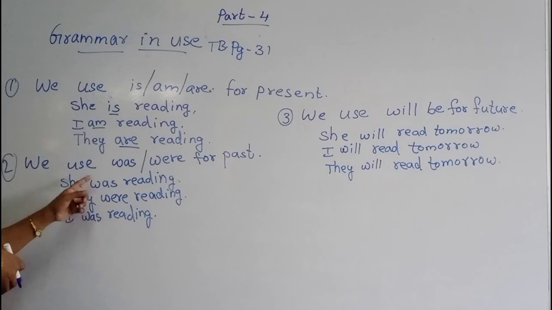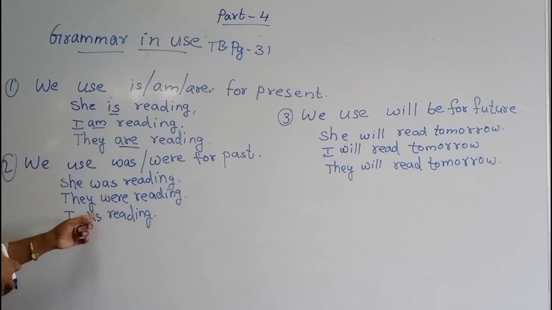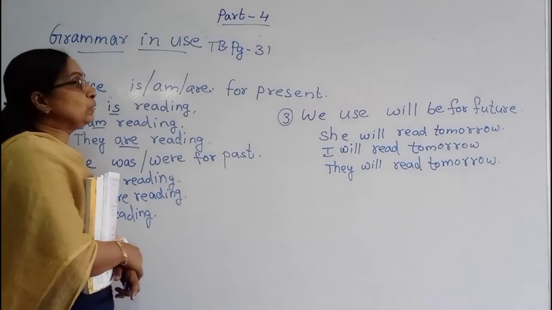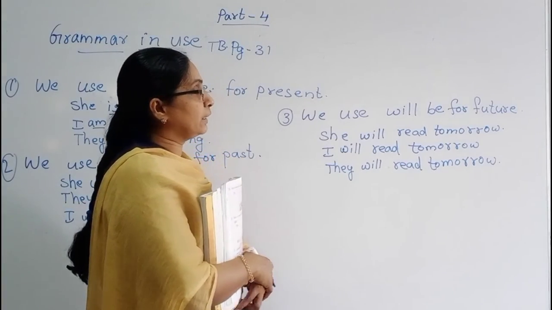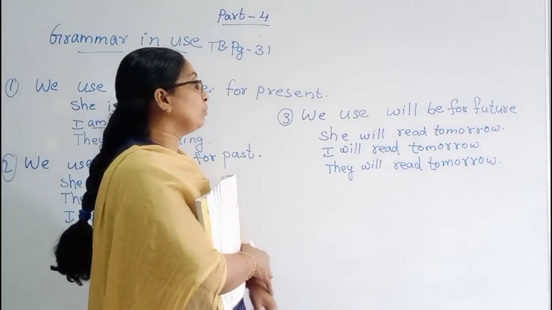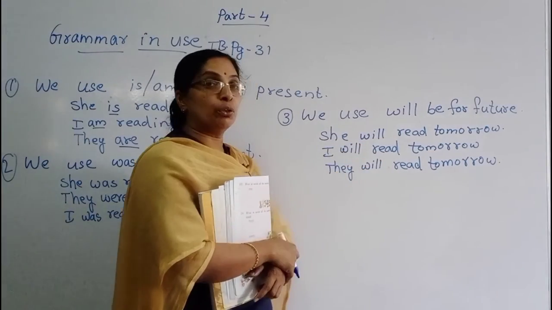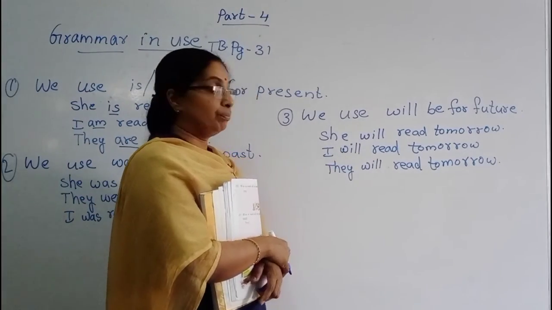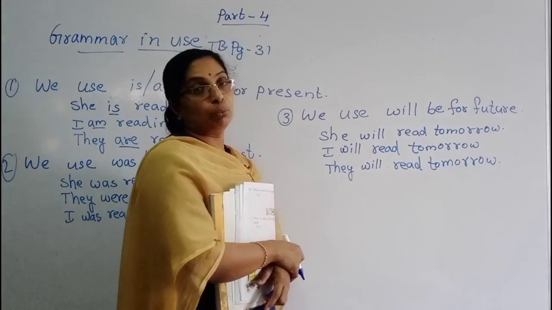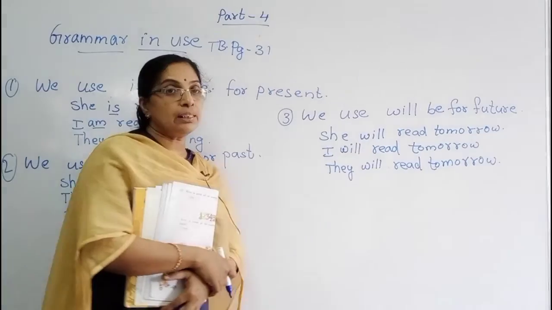Was is used for singular, one person, and were for more than one. For future tense, that means coming tomorrow, we use will: she will read tomorrow, I will read tomorrow, they will read tomorrow. Okay, children? This is the exercise.